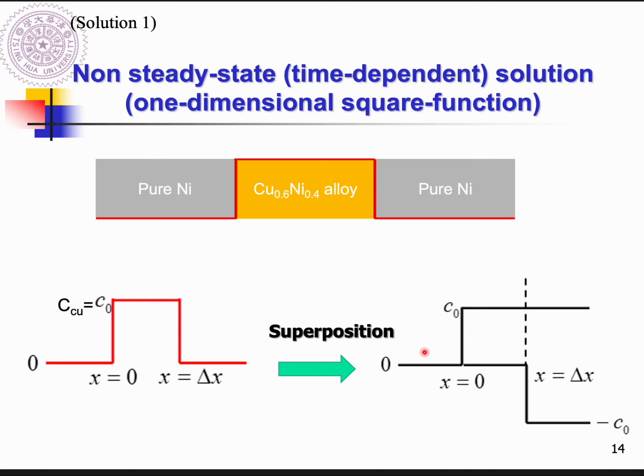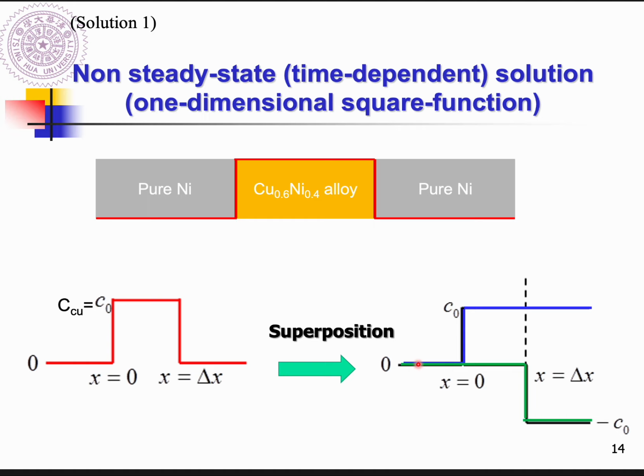So how about if we stack two step functions together to get this square function? Then we can easily get the solutions for this square function, right? So we are going to use this superposition method to separate this square function into two step functions. The first one is shown in blue and the second one in green.